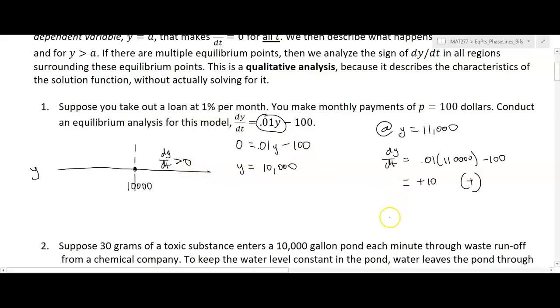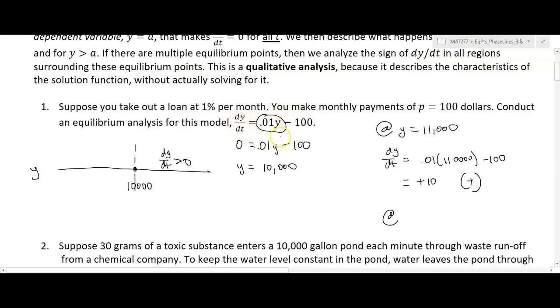We can do the same thing at a value less than 10,000. The reason we only need to check one particular input on each interval is that the only way for a derivative to change signs is to pass a critical point or some sort of break in the graph, like an asymptote.